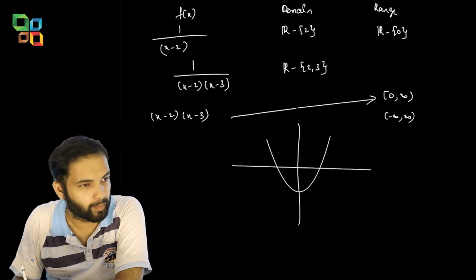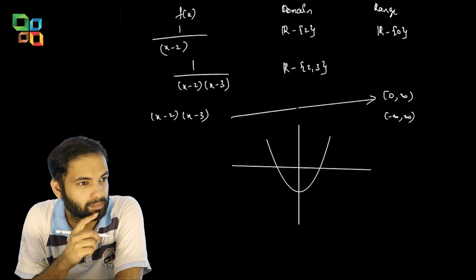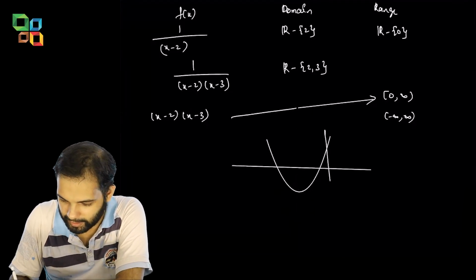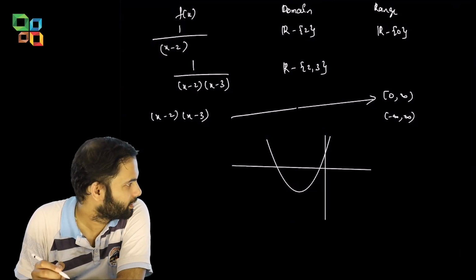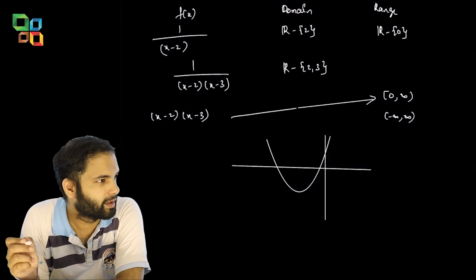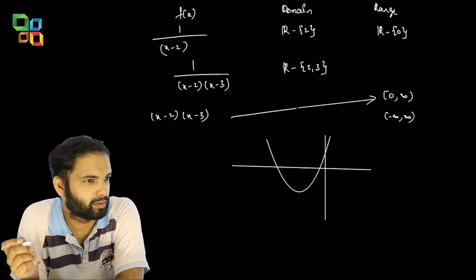Should I keep it somewhere here? No. Where should it be? It won't be symmetric. Where should I keep the line? Should I move it to the right or left? Any specification, or we don't know?